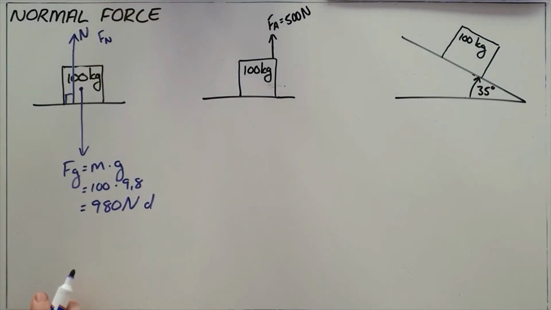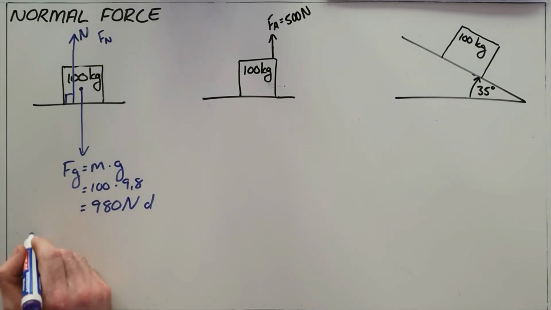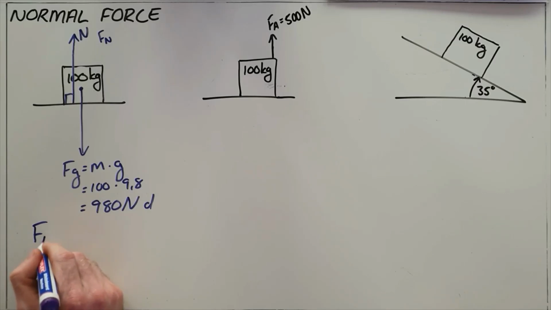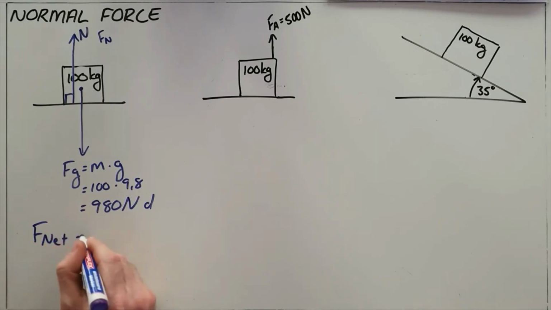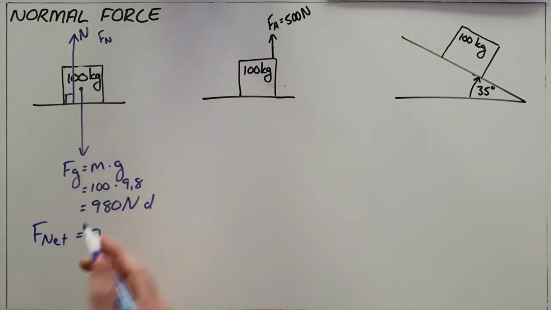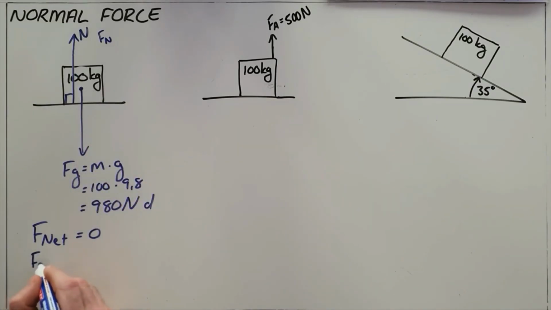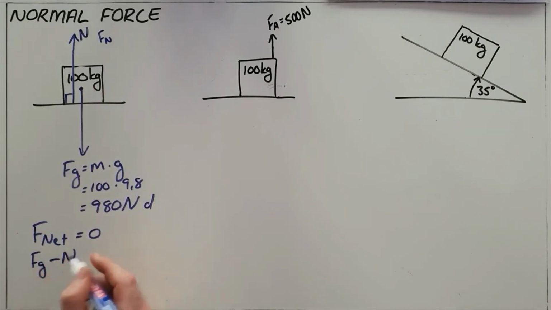The way in which we calculate the magnitude of that force is by using Newton's first law, which tells us that since this object is at rest, the net force acting on this object is 0. The net force in this case is made up of the force of gravity that is opposed by the normal force. I have written this as Fg minus N. It is also acceptable to write it as Fg plus N and then take the sign into account at the end of your calculation.